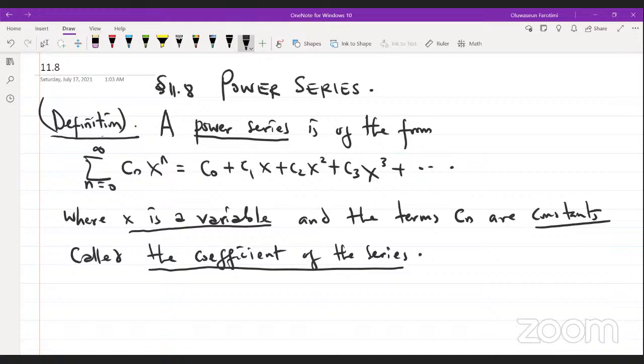Now, you might have a question: suppose the coefficients are the same, so Cn is just C. What happens? That means the coefficients Cn are equal.